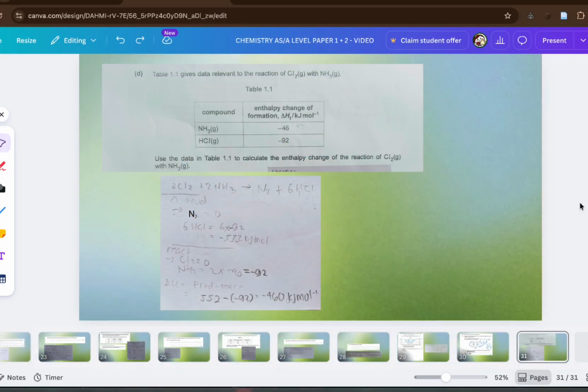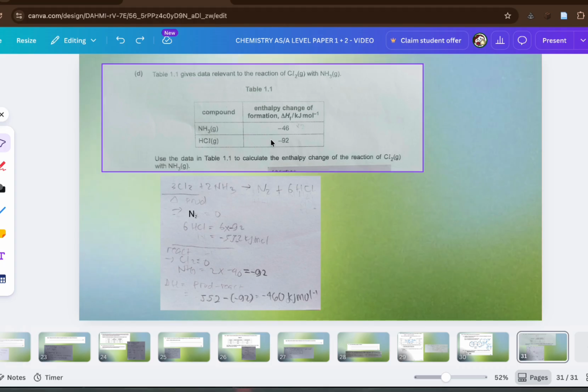We move over to the final question, which is: Table 1.1 gives data relevant to the reaction of chlorine with ammonia. Here we have a data table: ammonia has an enthalpy change of formation of -46, while hydrogen chloride gas has -92.